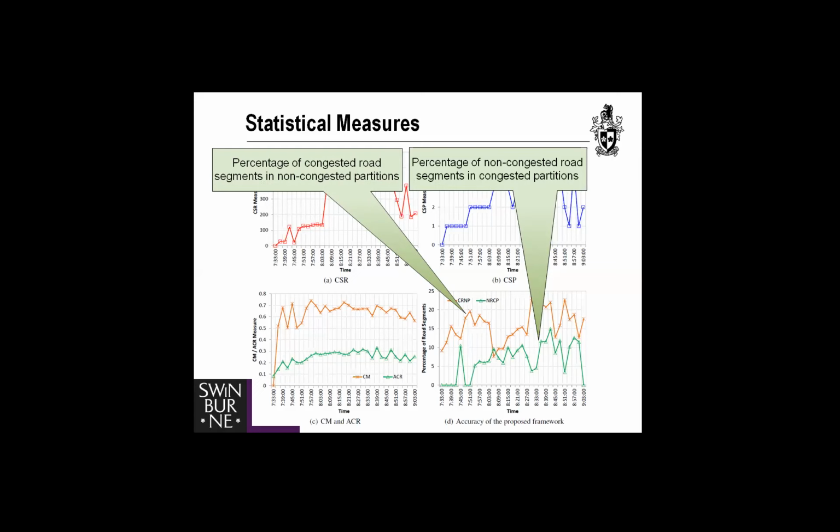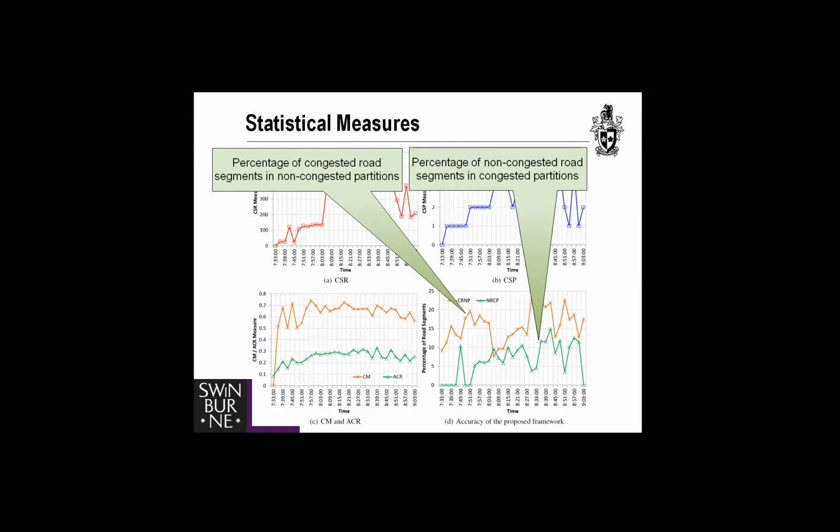The curve in orange color is the percentage of congested road segments in non-congested partitions. So what is the percentage of road segments which are wrongly put in the non-congested partitions, and what is the percentage of non-congested road segments in the congested partitions, shown by the green curve?